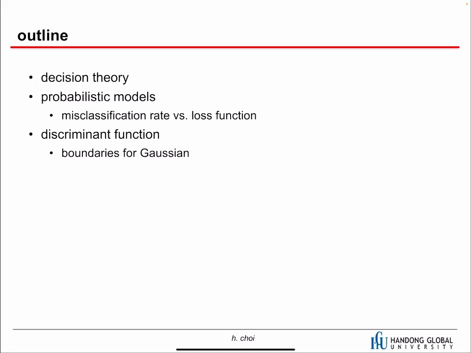So when it comes to making decisions, if the goal is only to make a decision, then we don't need a probability, right? So just a discriminative function would be fine sometimes. So we'll talk about it.